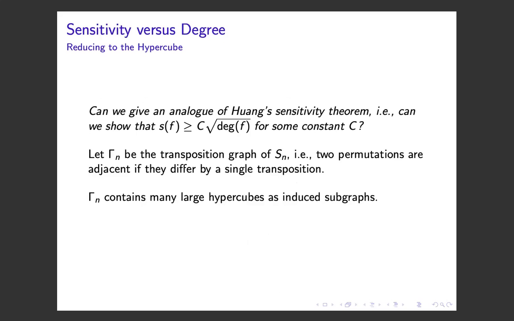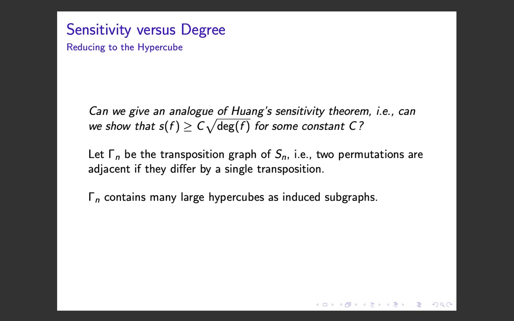The first object to look at would be the transposition graph, where two permutations are adjacent if they differ by a single transposition. It doesn't take too long to see that if you stare at this graph long enough, you'll notice that it has many large hypercubes as induced subgraphs.